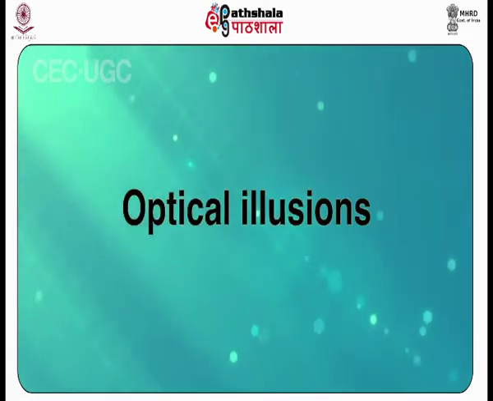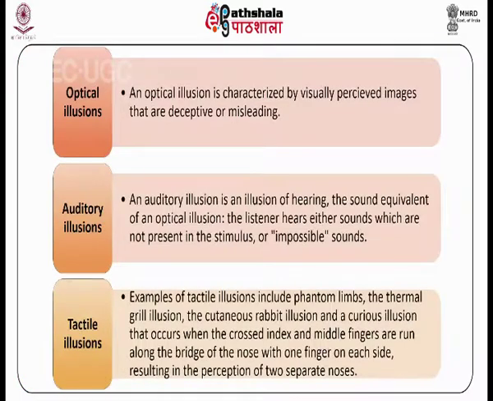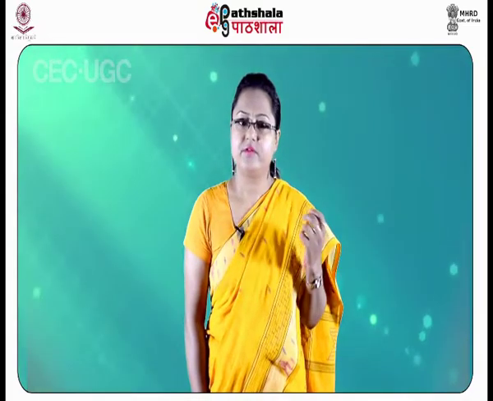First, let's discuss in detail what is meant by optical illusion. An optical illusion is characterized by visually perceived images that are deceptive or misleading. The information gathered by the eye is processed by the brain to give, on the face of it, a percept that does not tally with the physical measurement of the stimulus source.